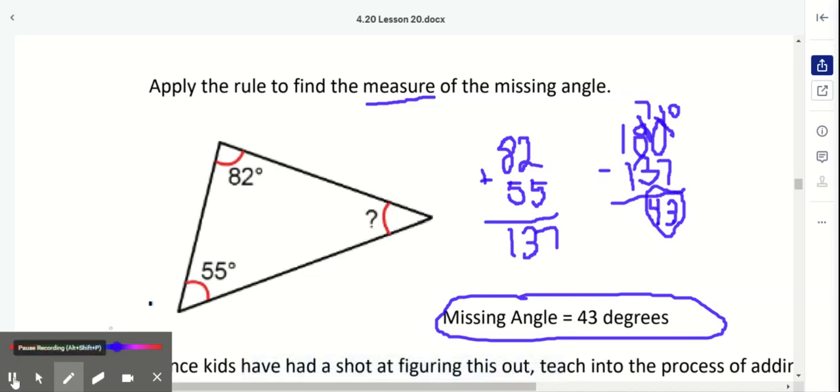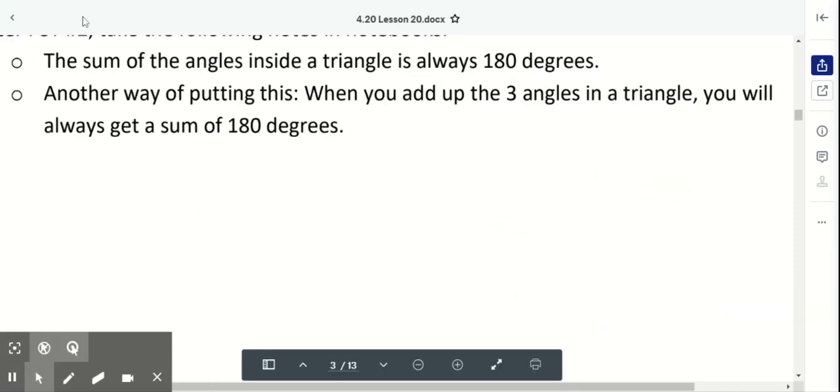So now let's add what we just learned into our notes. The sum of angles inside of a triangle is always 180 degrees. Another way of putting this, when you add up the three angles in a triangle, you will always get a sum of 180 degrees.